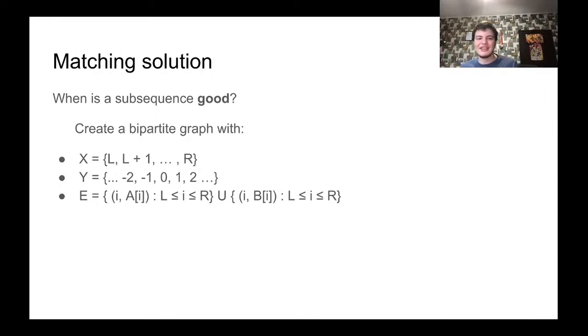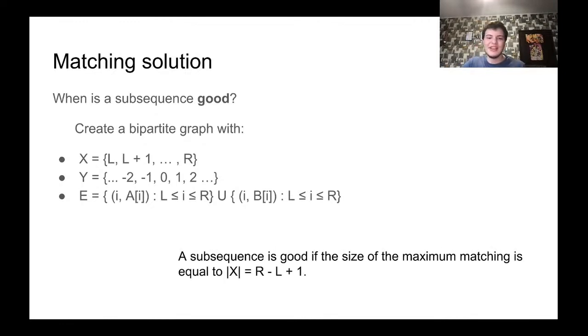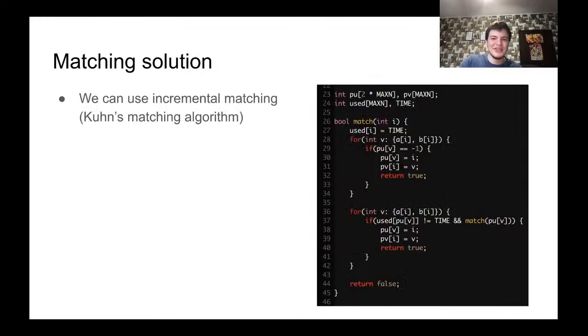There is clearly a bijection between those bipartite graphs and beautiful sequences, because if this graph has a matching of size right minus left plus 1, a perfect matching for the left side, then obviously we can create a good sequence. So that's the matching solution.